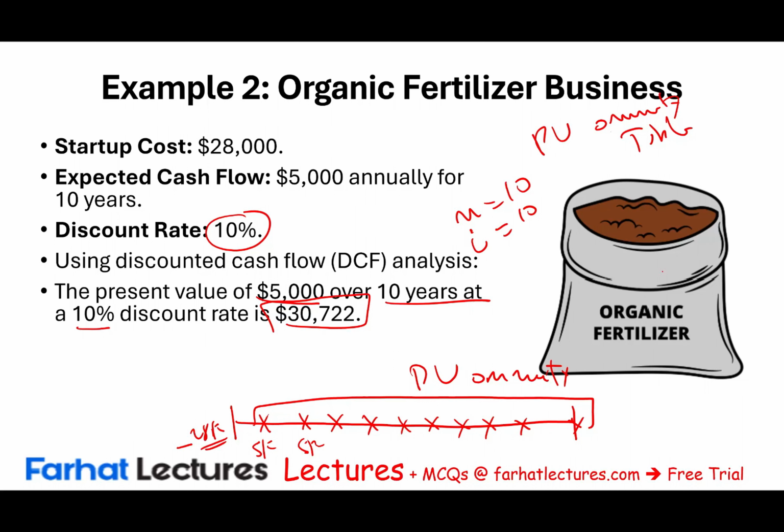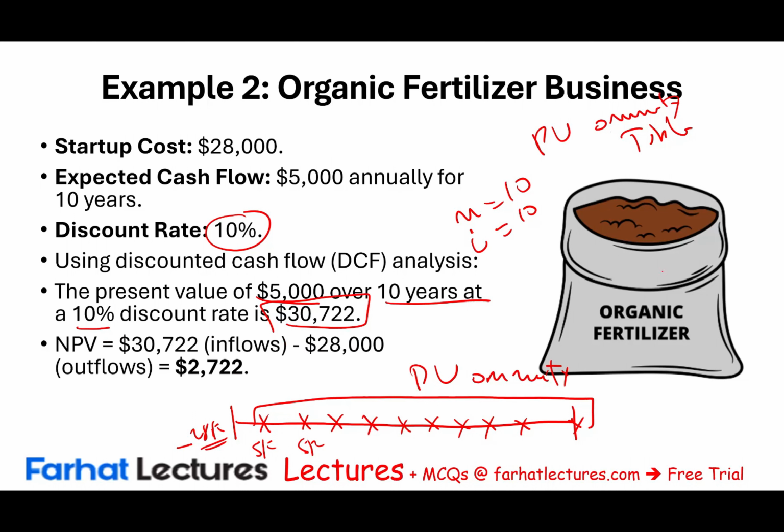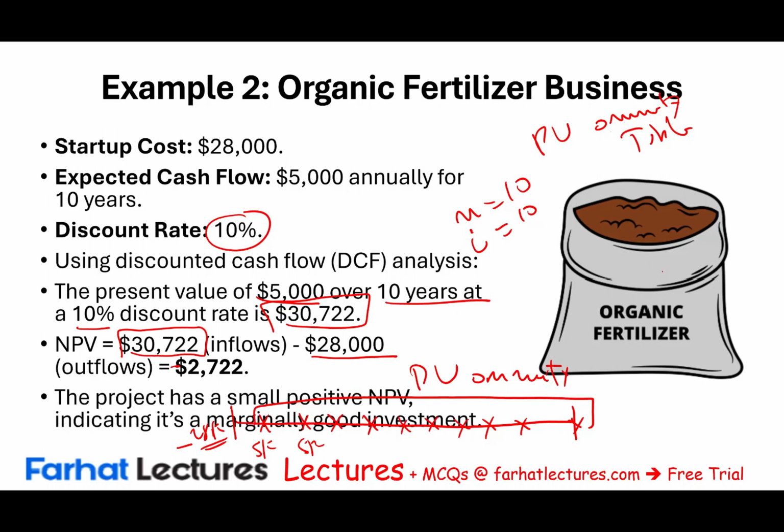You will get 30,722. Now, if you take 30,722 minus 28,000, you created a positive net present value of 2,722. The project has a small positive value. Nevertheless, it's a good investment because it's a positive net present value.